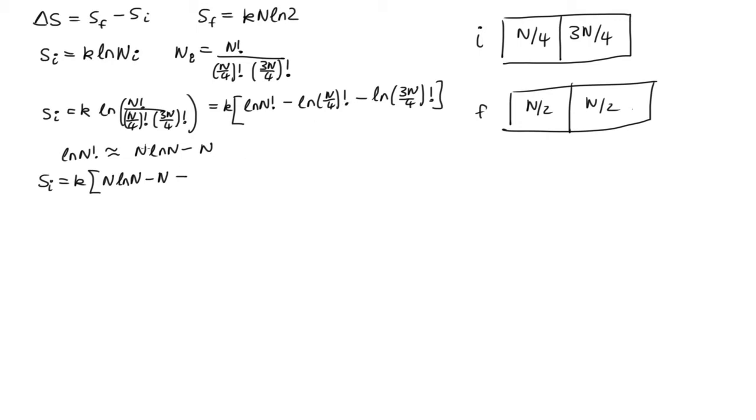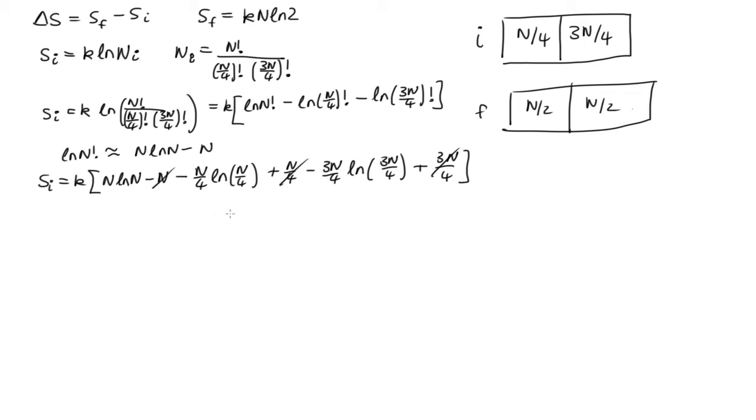So that's minus n/4 log of n/4, and now we've got minus minus, so that's plus n/4. And then here we've got minus 3n/4 log 3n/4 plus 3n/4. Okay, so we've got minus n plus n/4 plus 3n/4. This one plus this one is equal to n, so these cancel each other out.